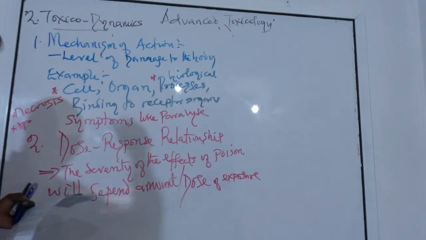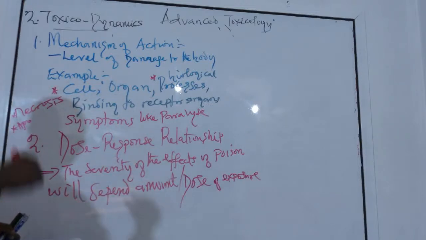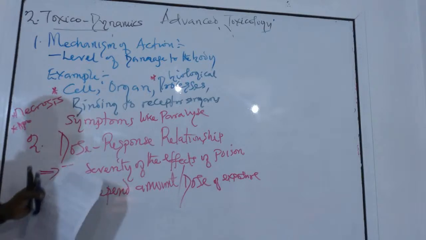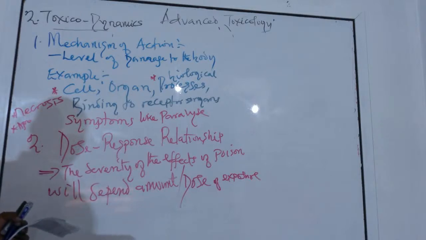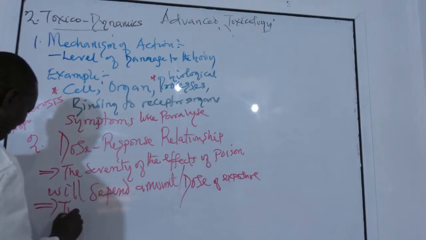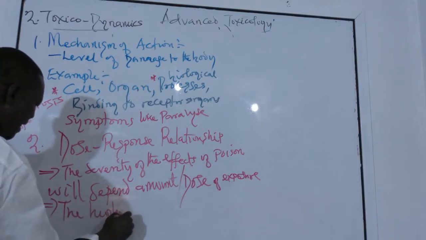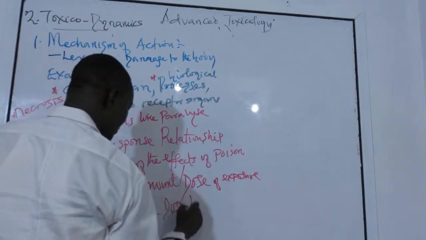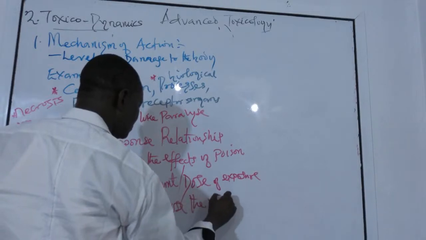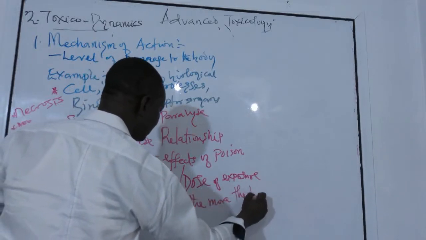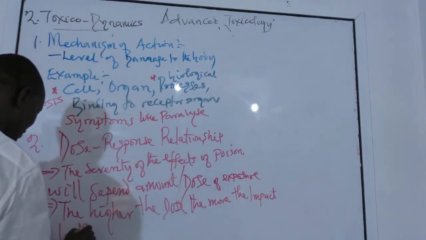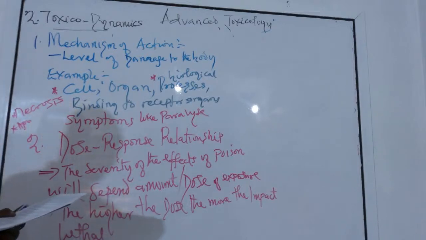So it is very important that you know the dose-response relationship of any toxic substance. What we are saying in essence is: the higher the dose, the more the impact, and the impact could be lethal, that is, it could lead to death.